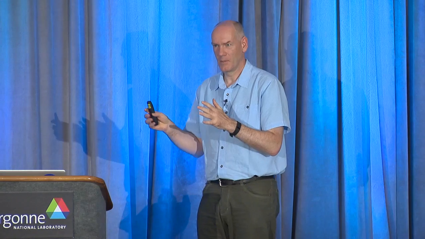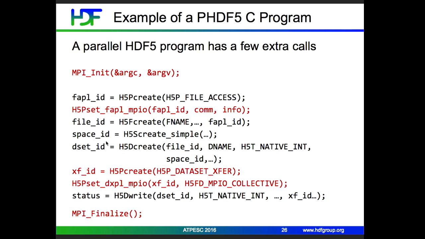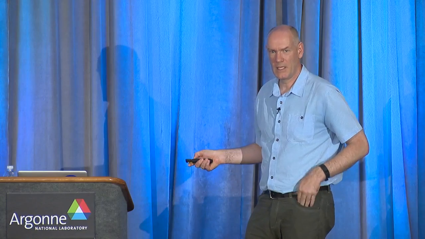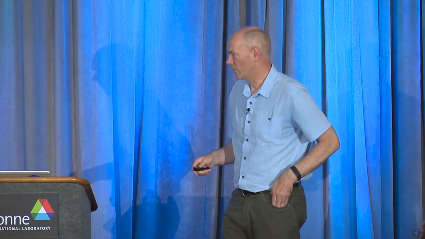Well, there aren't any namespaces in C, but they are grouped by prefix. Things dealing with data type management, for example, have an H5T prefix. Anything that starts with H5D has to do with data sets in HDF5. H5T has to do with data types. H5A has to do with attributes and so forth.